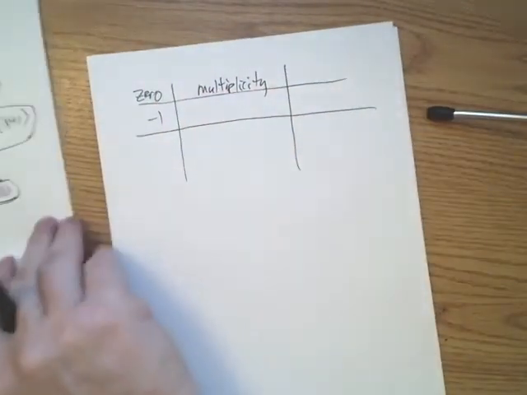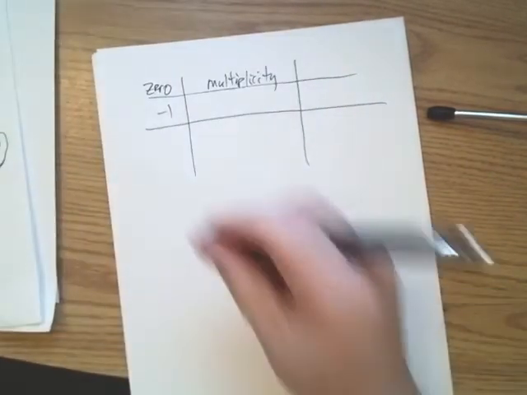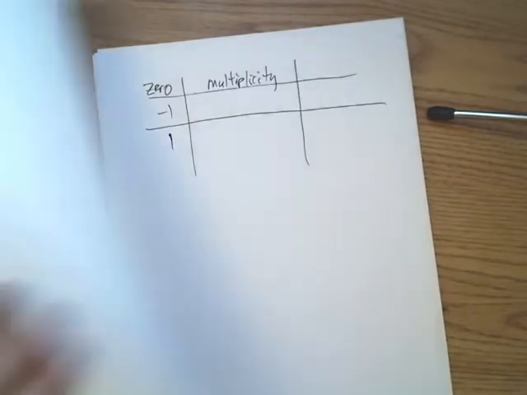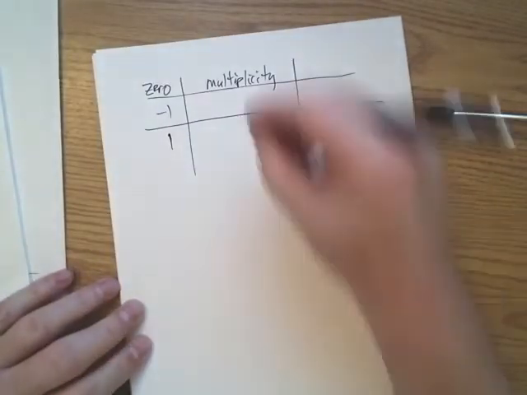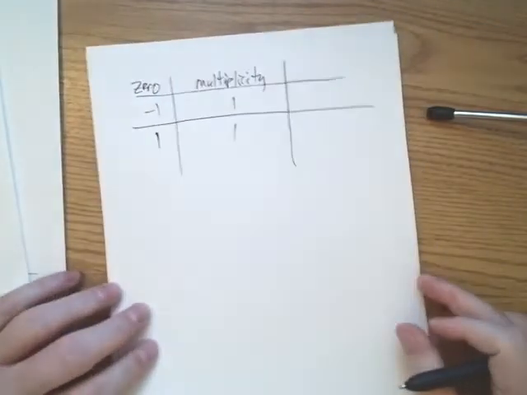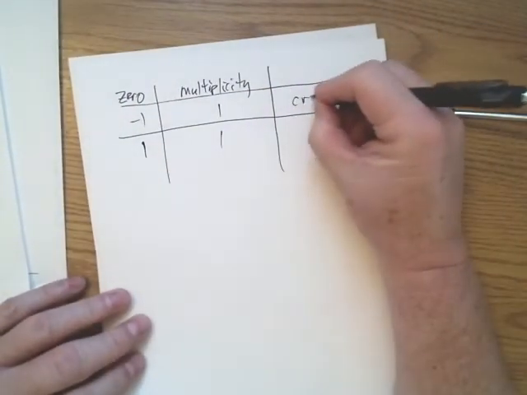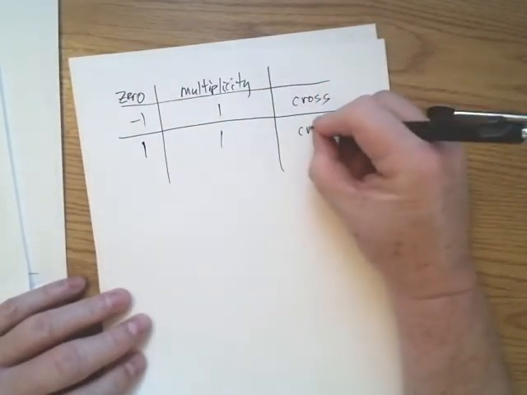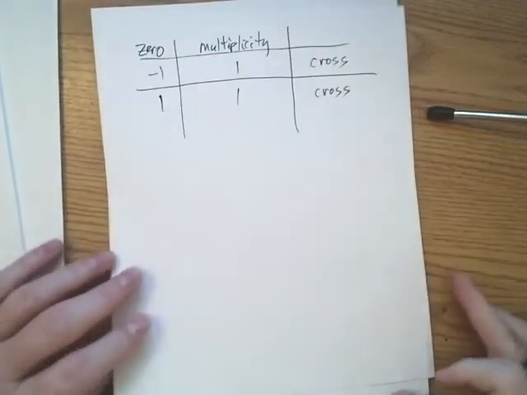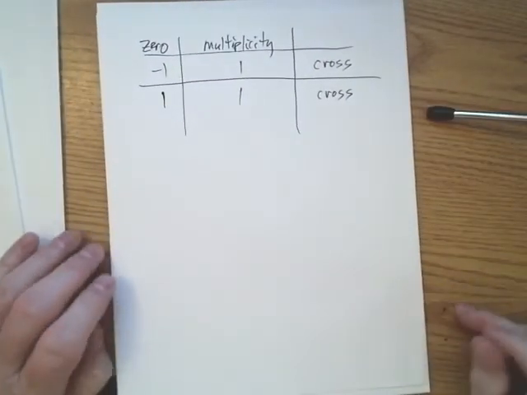If I took this factor, set it to 0, and solved, I would get 1. If I take this factor and set it to 0 and solve, I get complex numbers, so that doesn't even come into play. The multiplicity on both of these is 1. Since 1 is an odd number, they both cross. A cross in both places here.